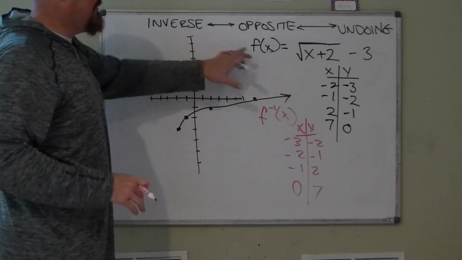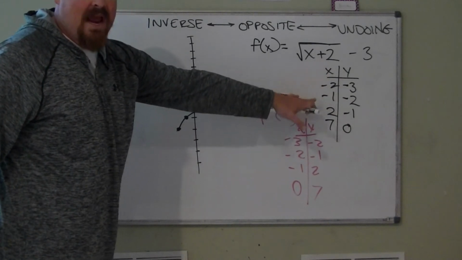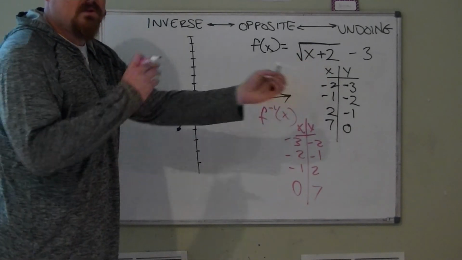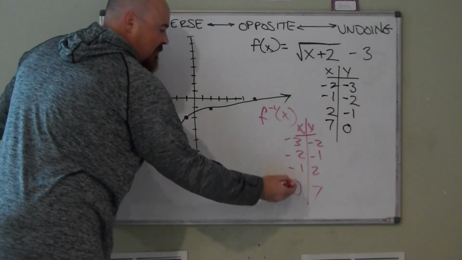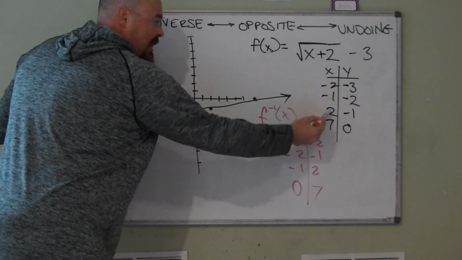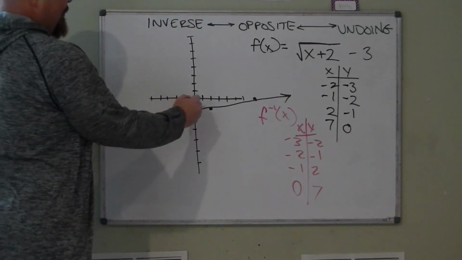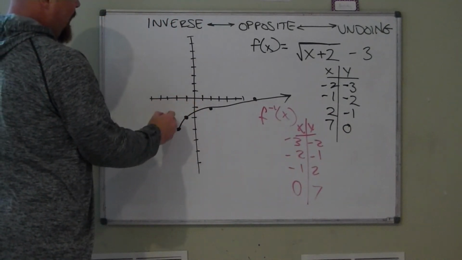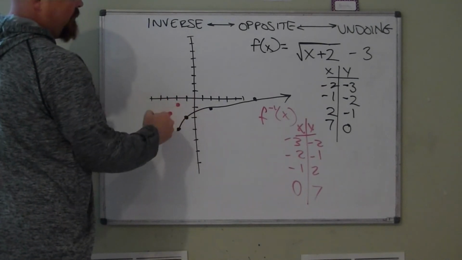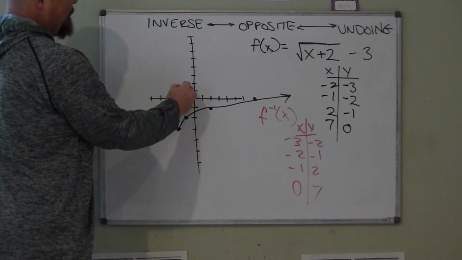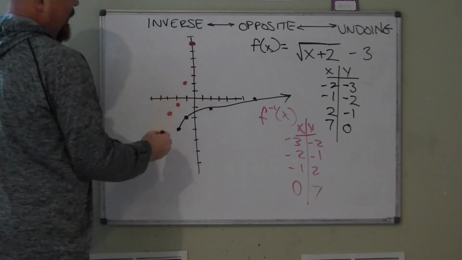So we're taking the range values and making them the domain, and the domain values and making them the range. Now if I plot these points, negative 3, negative 2, negative 2, negative 1, negative 1, 2, and 0, 7, I get this graph.